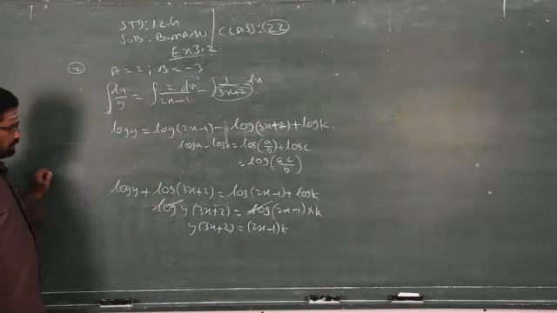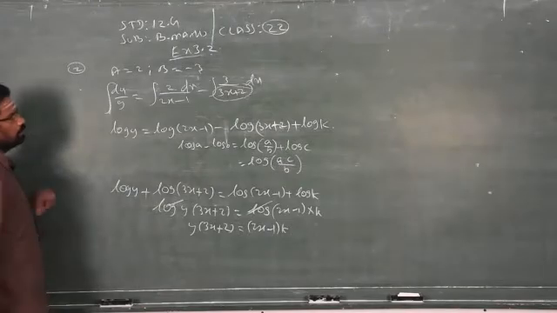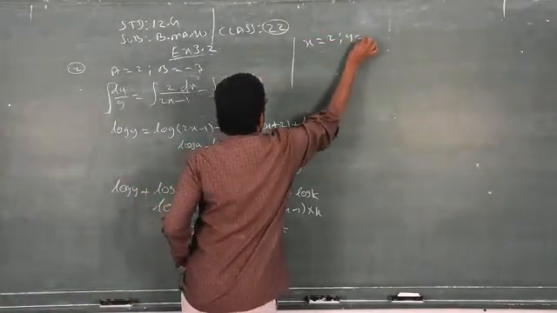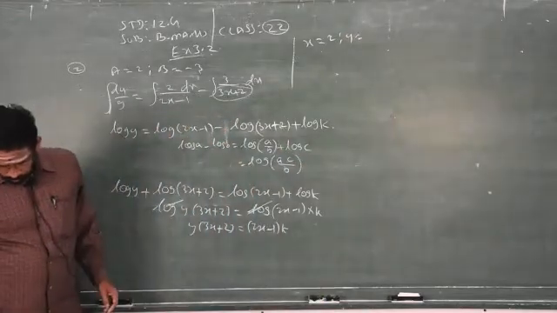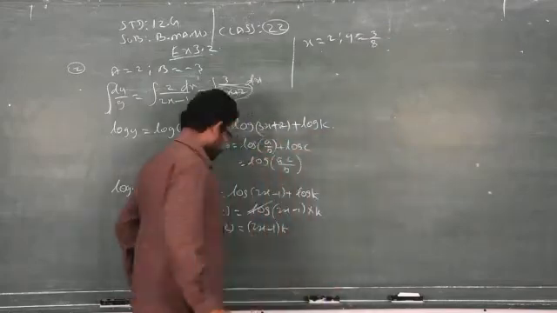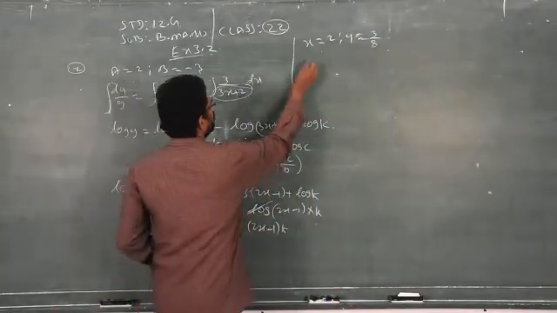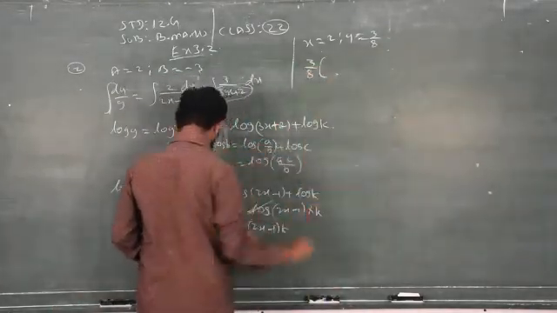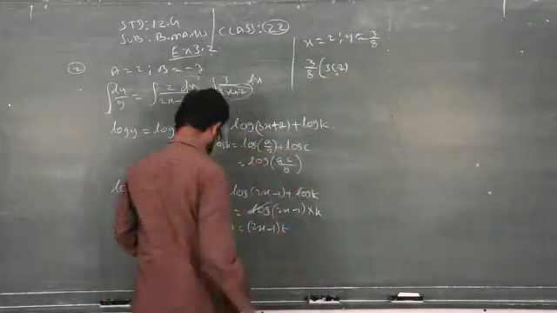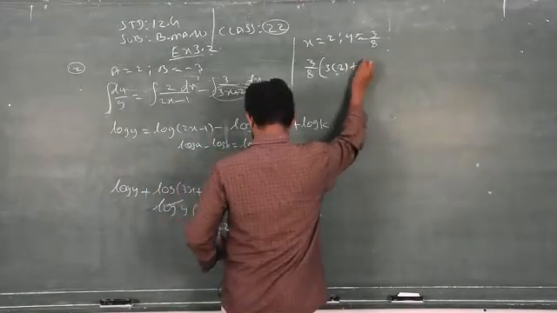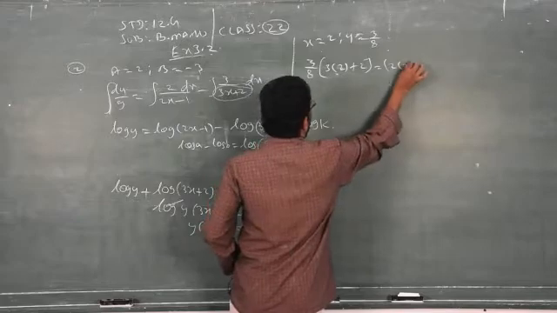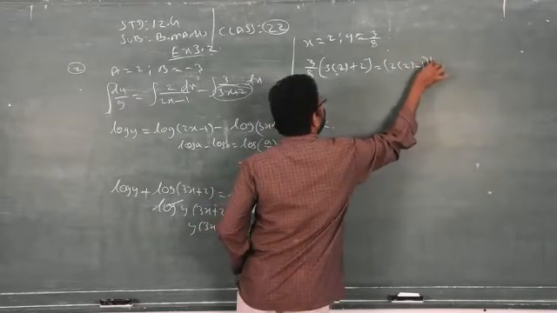So here it is given x is equal to 2, and y is given 3 by 8. So just replace y with 3 by 8: 3 by 8 times (3 of 2 plus 2) equals (2 of 2 minus 1) into k.